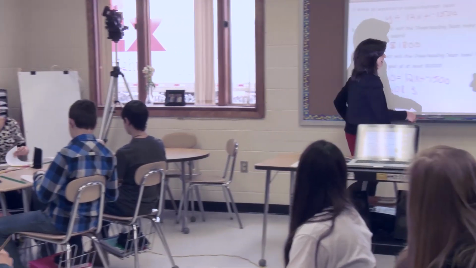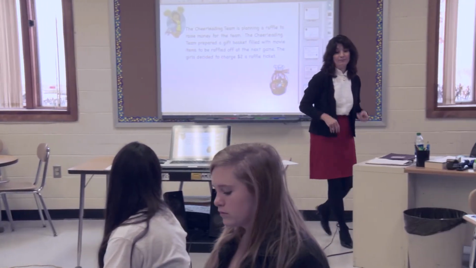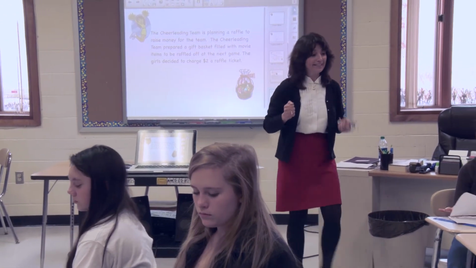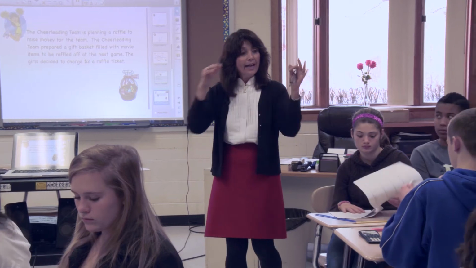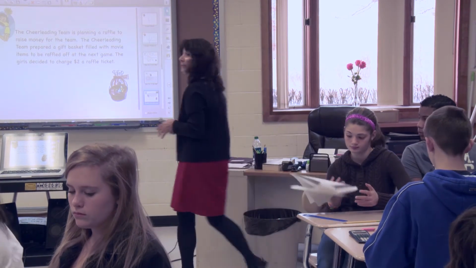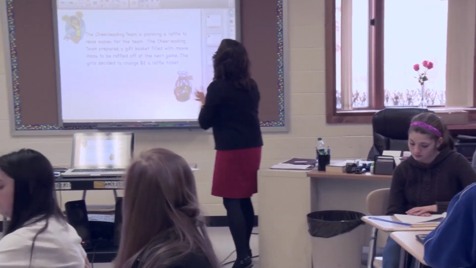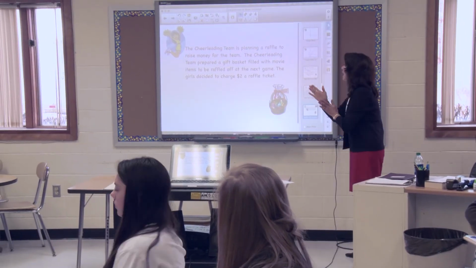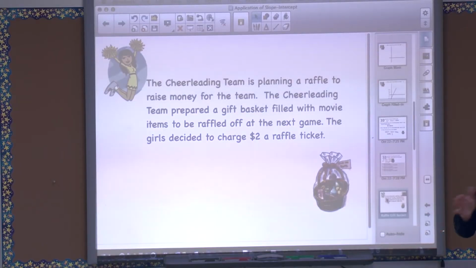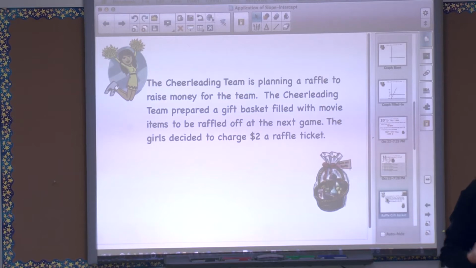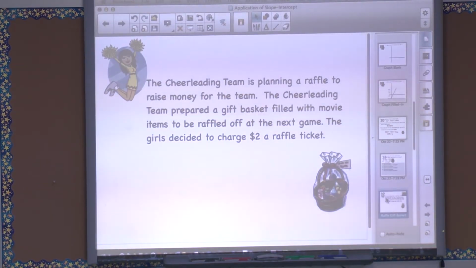Now we're ready to go on and help the cheerleaders again. They came up with another activity. So I'm going to have eyes on the board, and then I'll let you work on the packet. In this activity, the cheerleading team decided to plan another fundraiser, but this time they're raffling a gift basket with a lot of movie items.